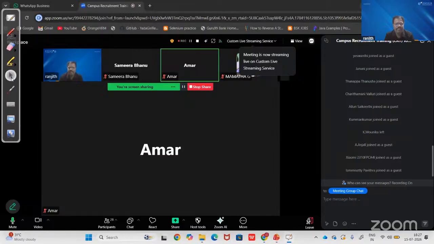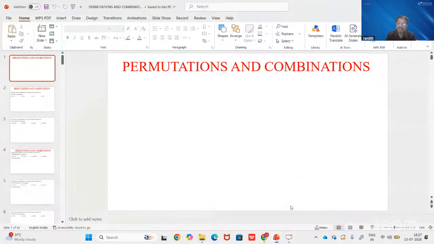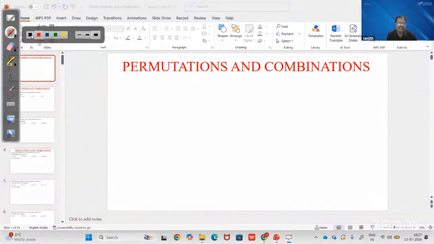What do you mean by permutation and combination? Permutation is nothing but arrangement. Combination is nothing but the selection of the values.